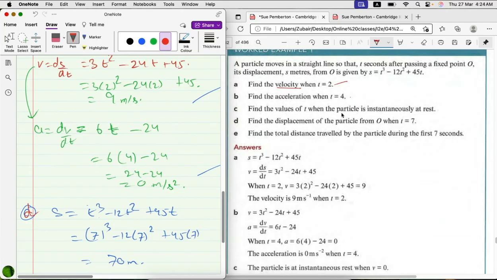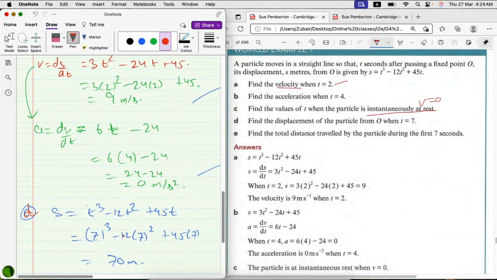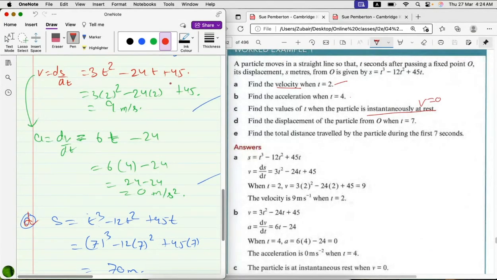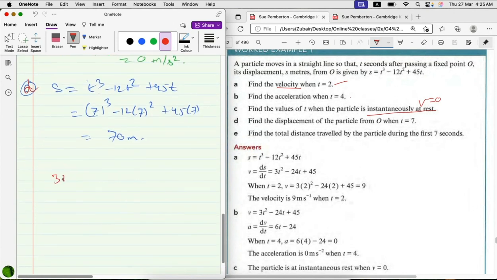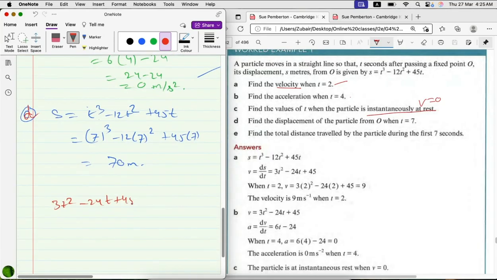It says find the value of t when the particle is instantaneously at rest. At rest would mean velocity is 0. Do you agree? At rest, velocity is equal to 0. We have the equation already: 3t squared minus 24t plus 45.